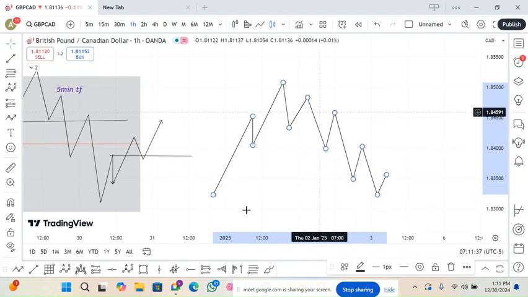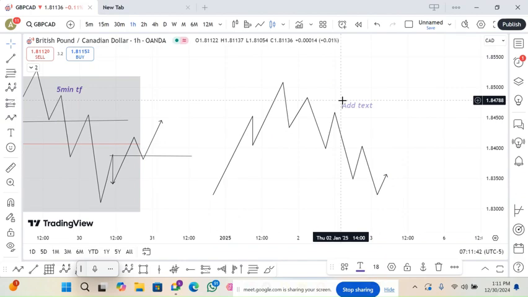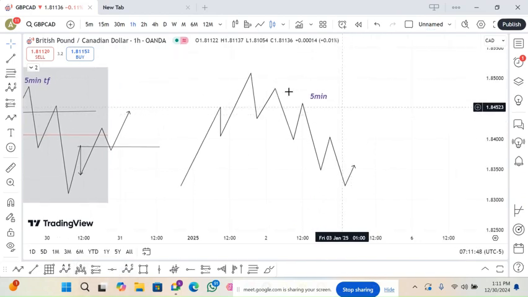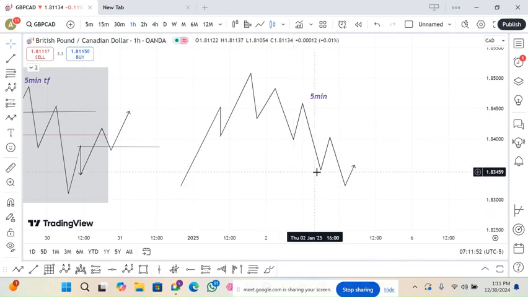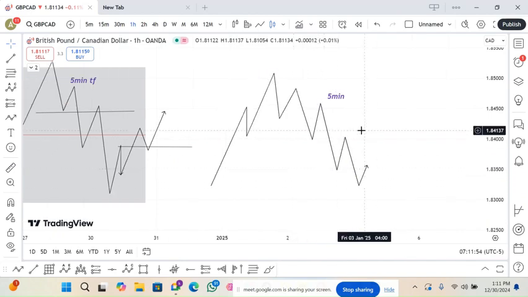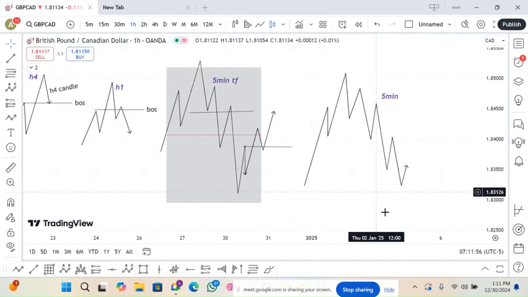So what do you look for at this level? 5 minutes. Let me write it out. So what do you look for here? What is the theory you need to pay attention to when you get here? When the price gets to this level, there's going to be a reaction.